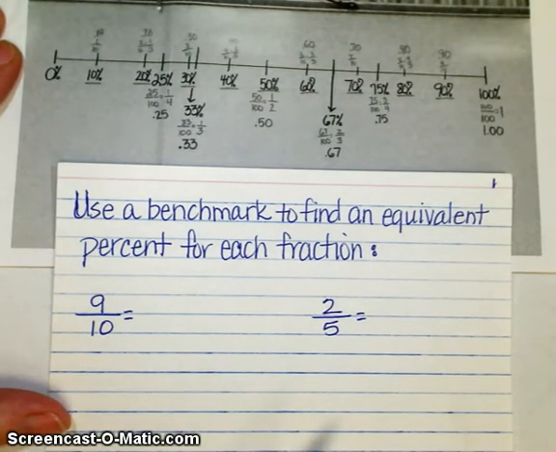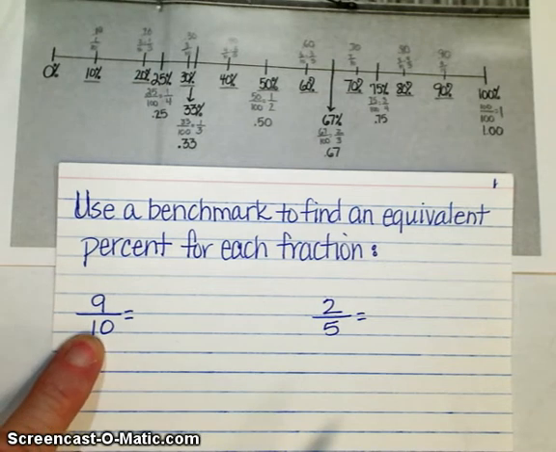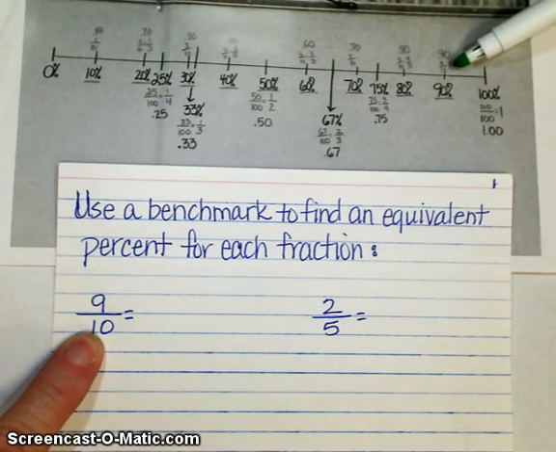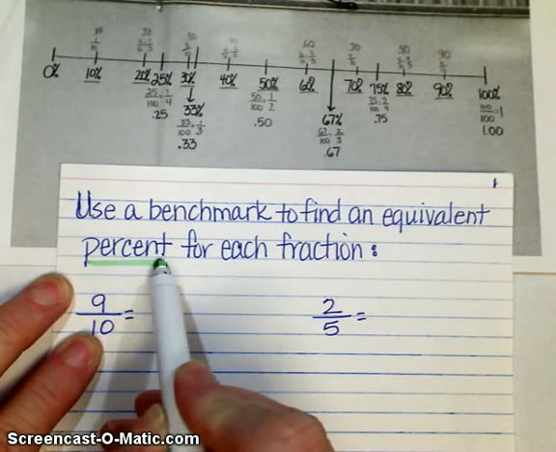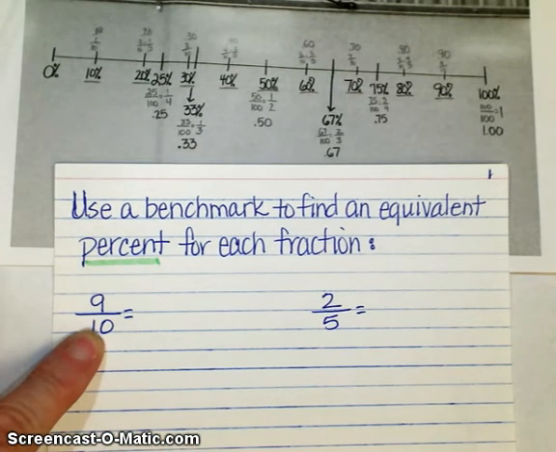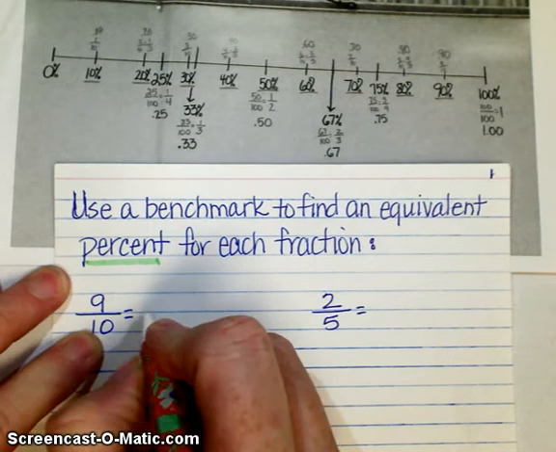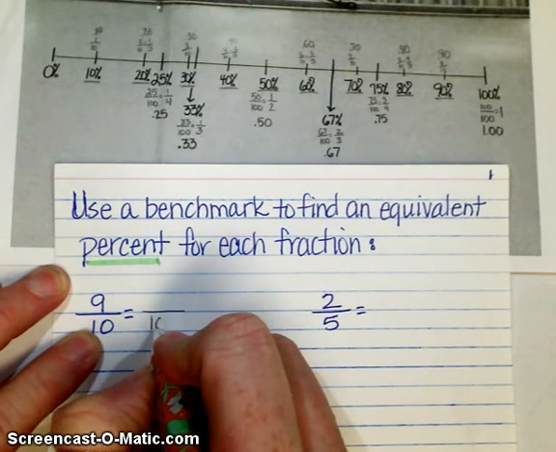Now, if you've memorized this, you can see that 9/10 is right here at 90%. But if you did not remember that that was a celebrity, what we need to do to find an equivalent percent is to remember that percent means per 100. So that means we're going to be dividing everything by 100.